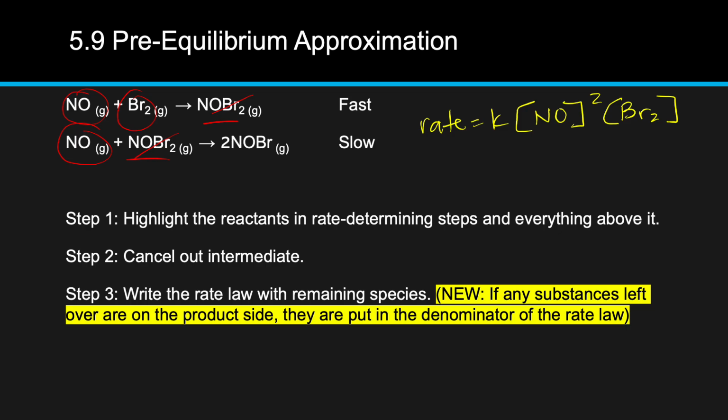What I want to go over today is the idea of if we have a leftover product in our first elementary reaction, you are now going to put that product in the denominator of your rate law. So that's really the only thing we are adding to what we've already learned so far in terms of getting rate laws from reaction mechanisms.